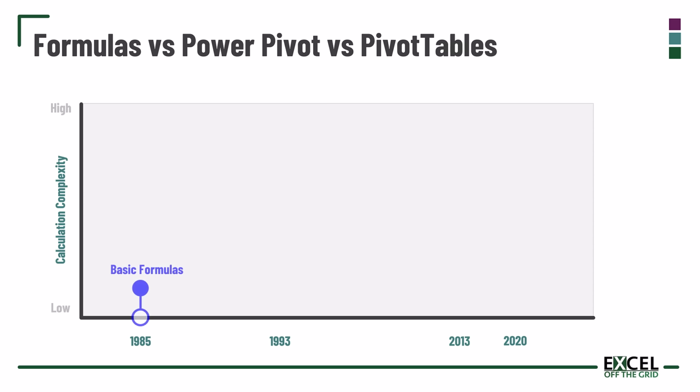Excel launched in 1985 with just formulas, and those formulas were very rigid. Then pivot tables were added in 1993, which introduced the ability to quickly change data into different views. But pivot tables had problems, some of which we've seen in this video.